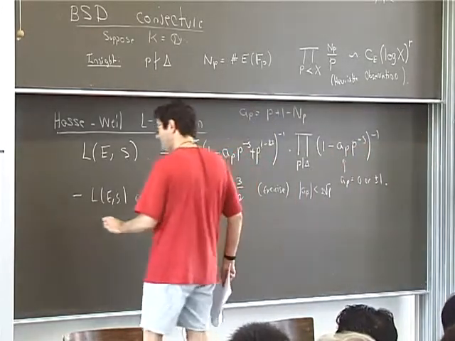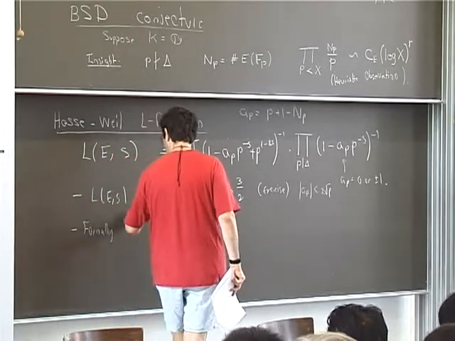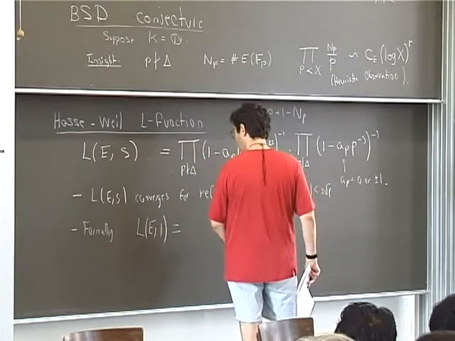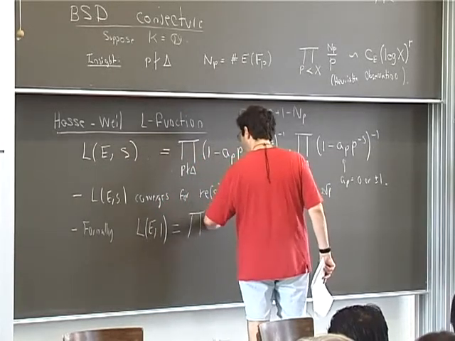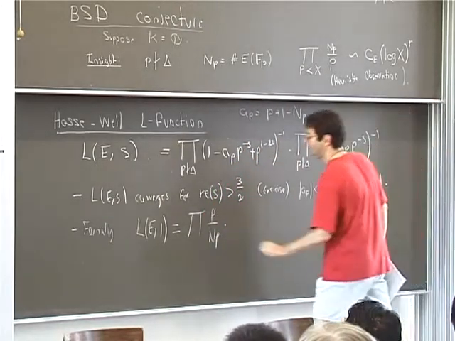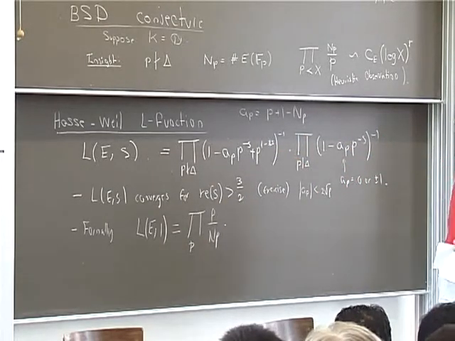Now if you look formally, doing something which is completely illegal because you're outside the domain of convergence, if you expand L(E,1) formally, you'll find that you get the product of p over N_p over all p, more or less. Just plug in s equals 1.